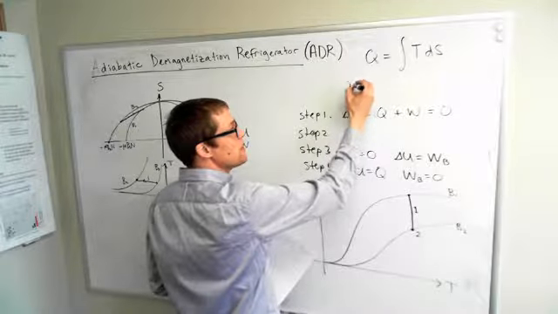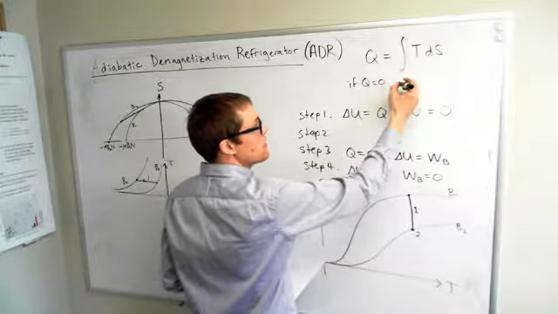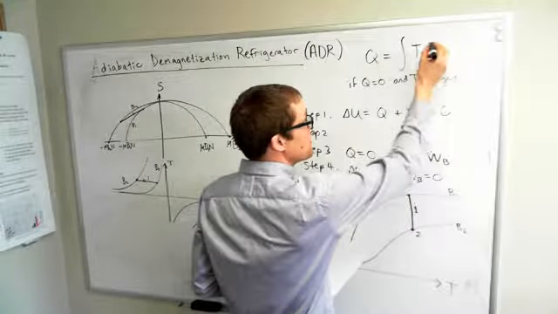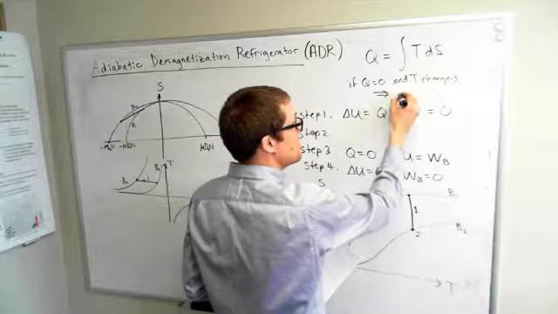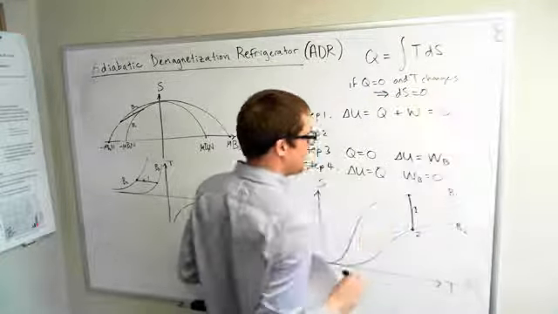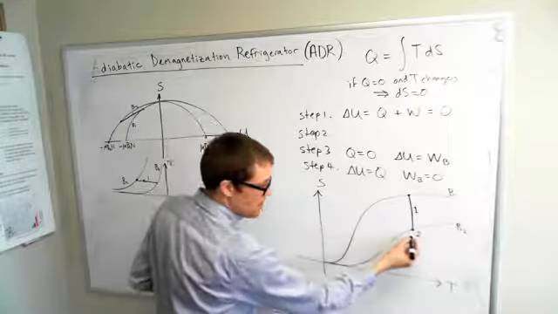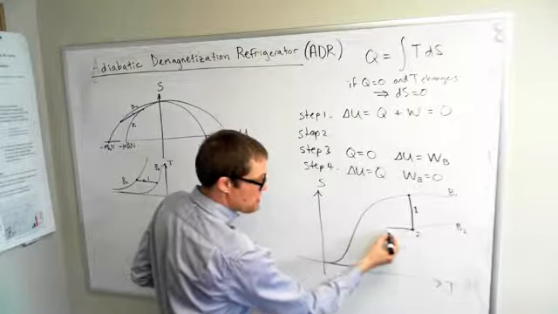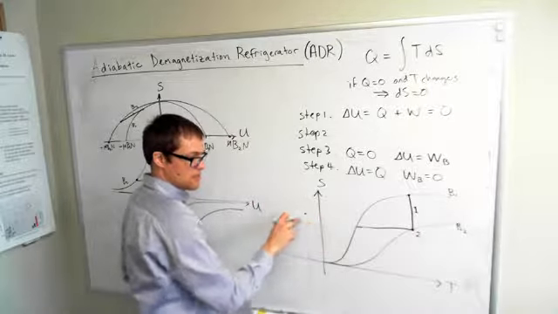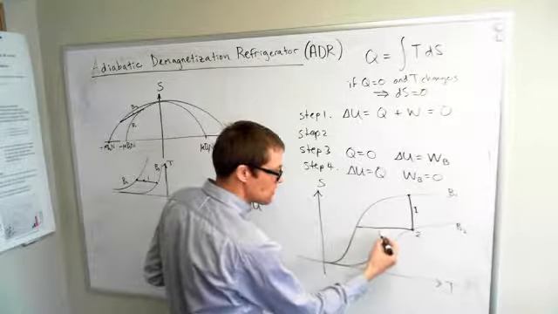So if Q equals 0 and T changes, then this expression implies that entropy is fixed, dS equals 0. So this line for step 3 in the process is isentropic, that is at fixed entropy. So this is step 3.